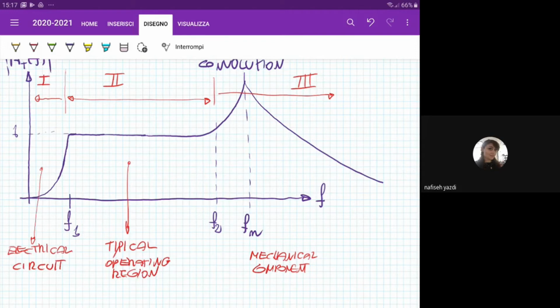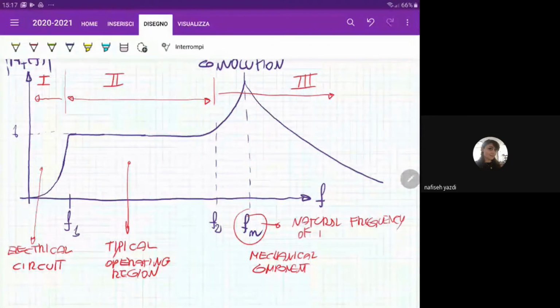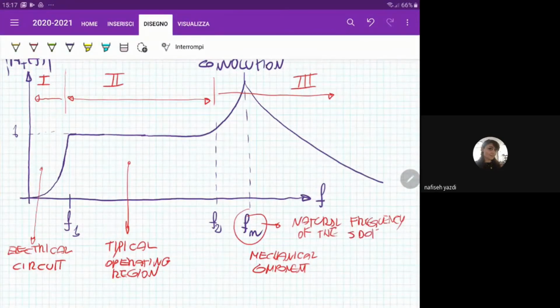Here Fn is the natural frequency of the single degree of freedom mechanical circuit. M, K, and C, just to be clear.